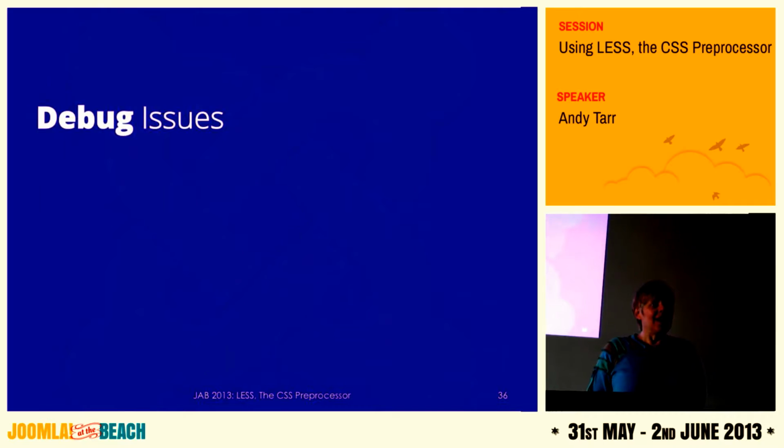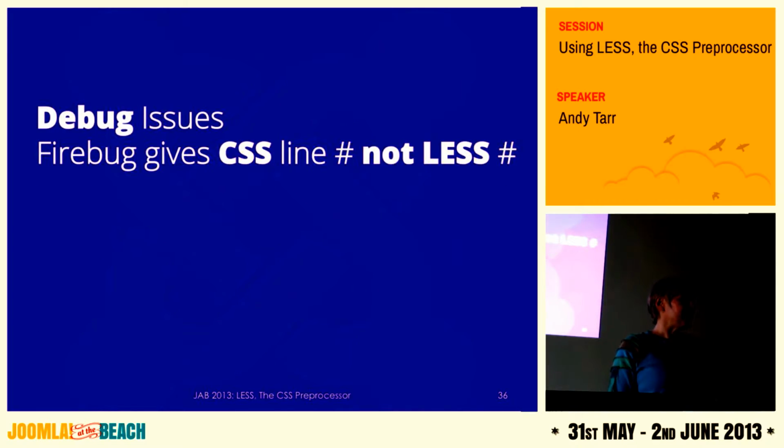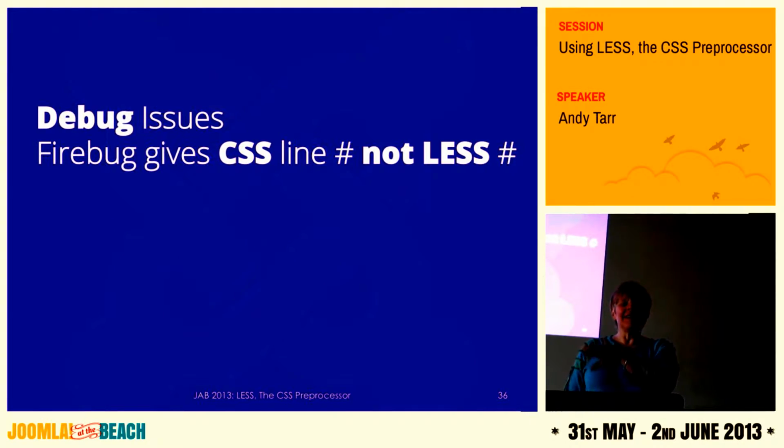Now, there are a few debug issues when you're working with Less. One of these is that Firebug, if you're used to using Firebug to look at something and it'll tell you what actual line number you're on, it gives you the CSS line number, not where you find it in your Less file.